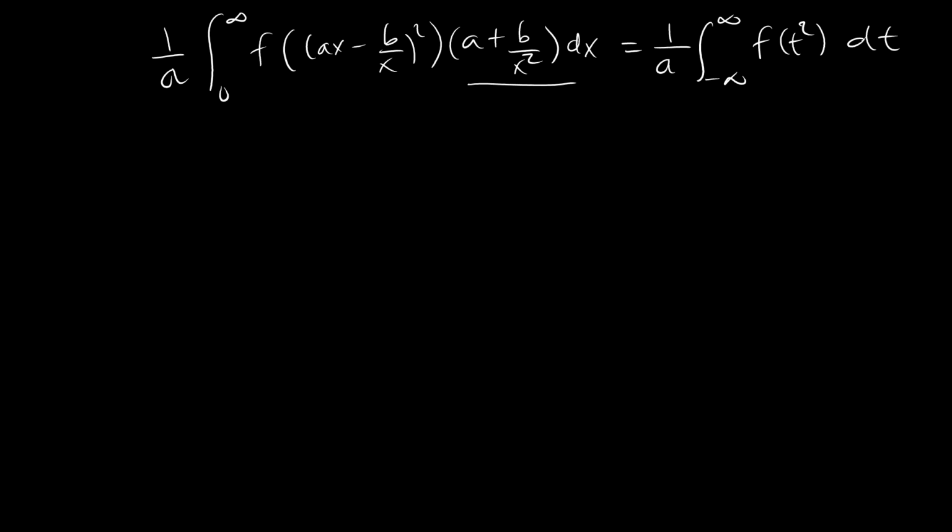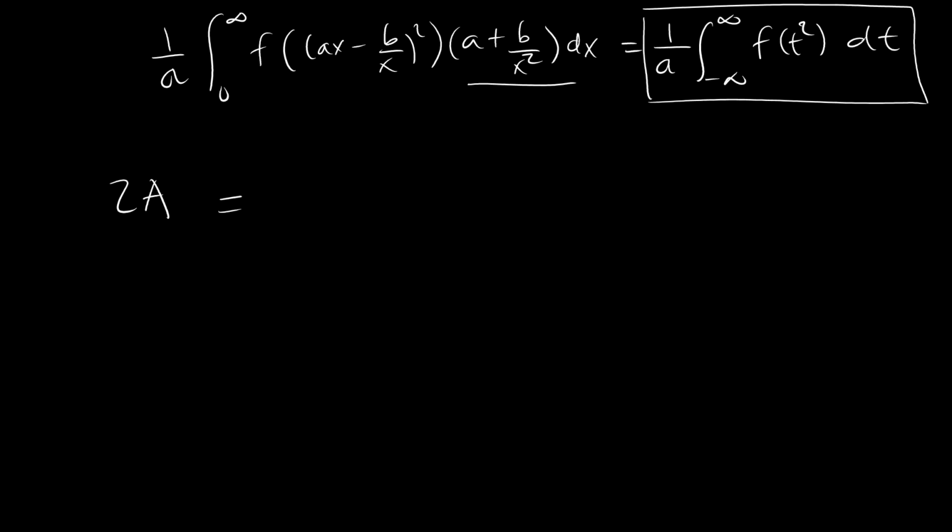Okay, so using this here, what do we have? We say 2A, which we had, is the same as 1 over a times the integral from negative infinity to infinity of f(x squared) dx.